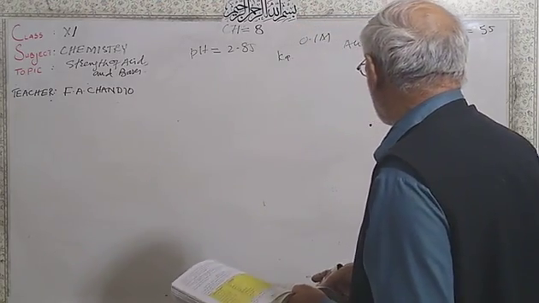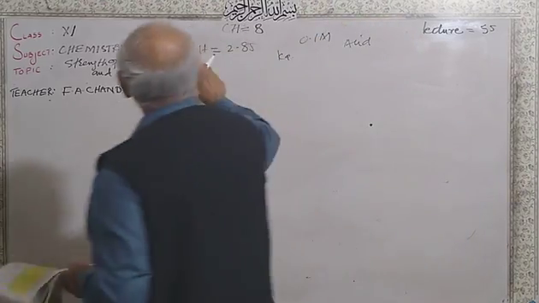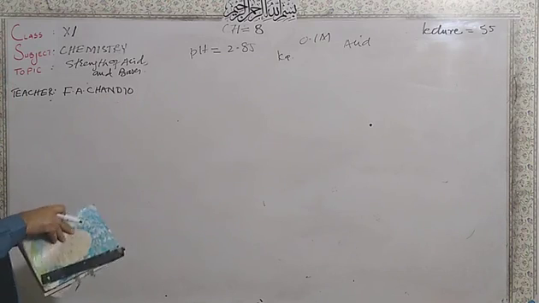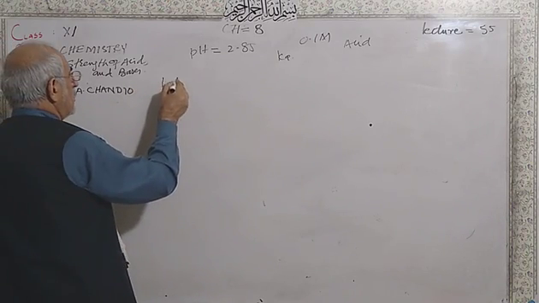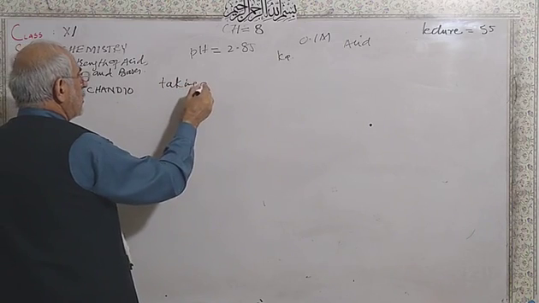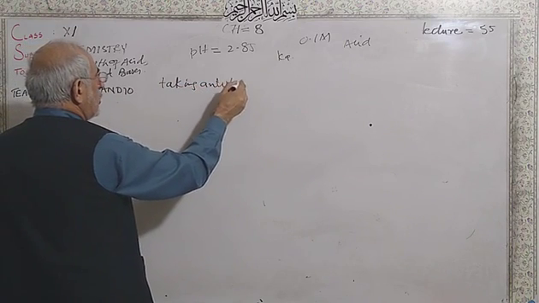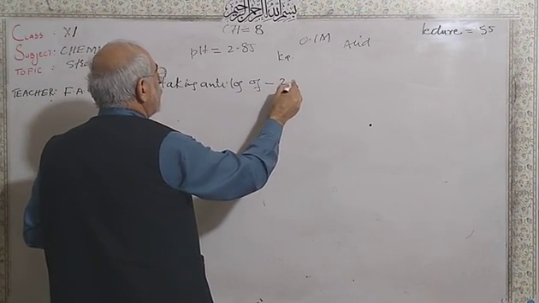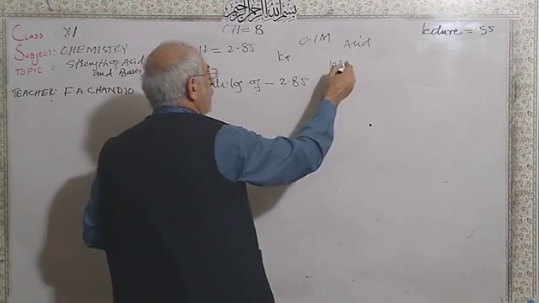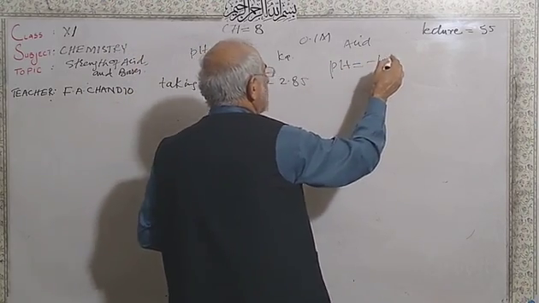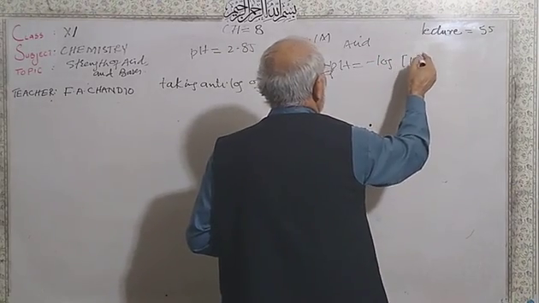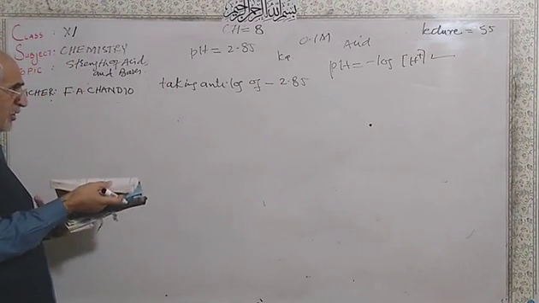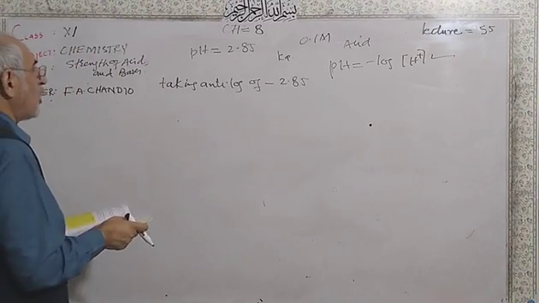So to convert the pH 2.85 into the hydrogen ion concentration, we take the anti-logarithm of minus 2.85, because pH is equal to minus log of hydrogen ion concentration.